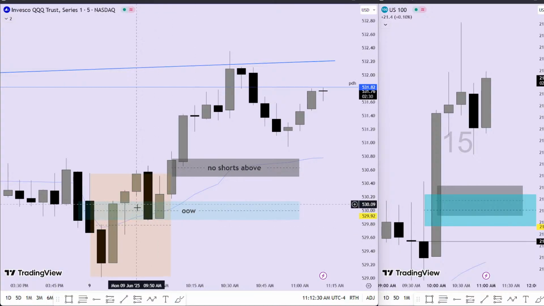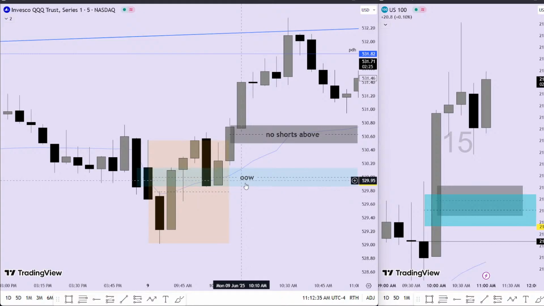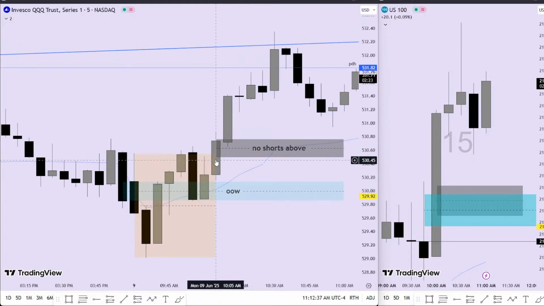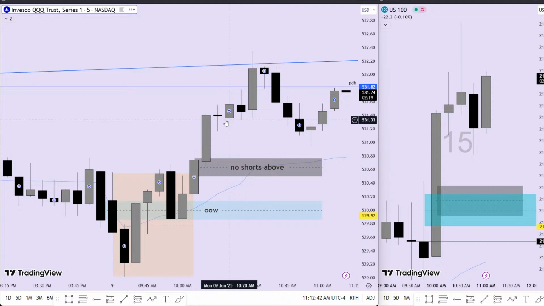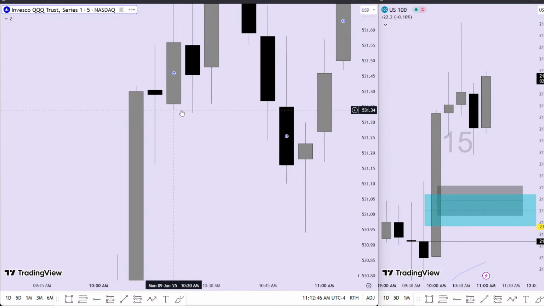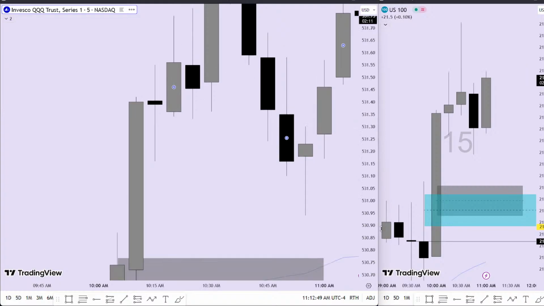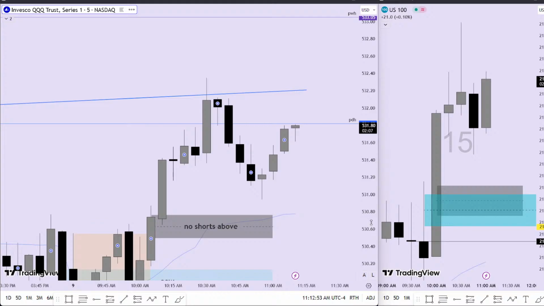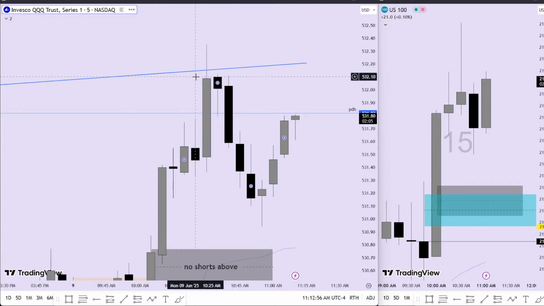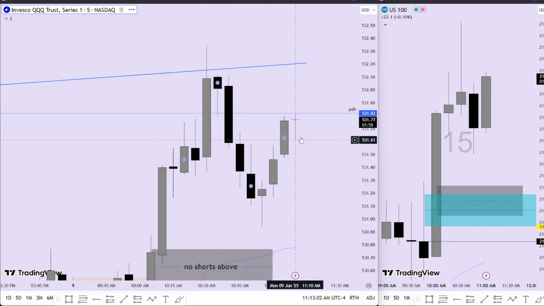Probably was also buy the close because we were above the moving average and the VWAP. This was a limit order trade, right? So this was also a buy the close. If you follow along this logic, this was also the buy the close.